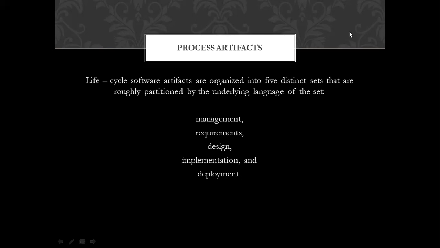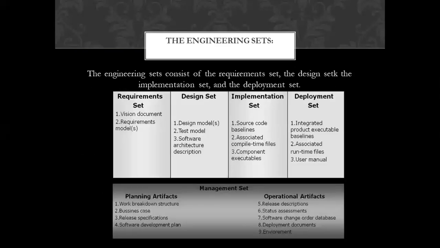So these five sets have their own artifacts, and these are those artifacts. What are those different artifacts? For the requirement set, the artifacts can be the vision document and requirement model. For the design set, artifacts are the design model, test model, and architecture description.